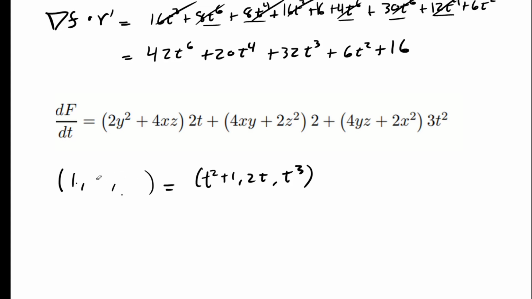Let's do one like this: (1, 2, 2). Okay, so what I need to do is set each of these equal to each other. So I have t squared plus 1 equals 2, 2t equals 2, and t cubed equals 1. And then from this, I need to solve for t, and make sure that the same value of t works for all the other ones.